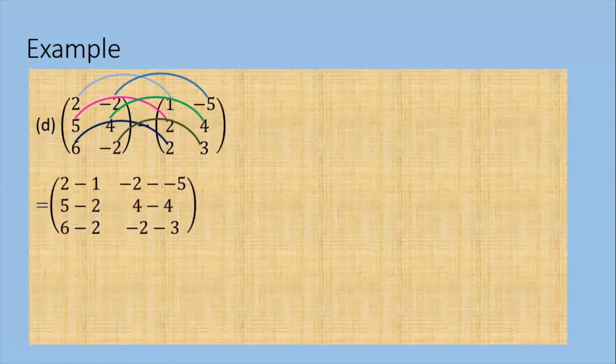So that will be 2 minus 1, minus 2 minus negative 5, 5 minus 2, 4 minus 4, 6 minus 2, negative 2 minus 3, which will give you as answer 1, 3, 3, 0, 4, and negative 5, right?